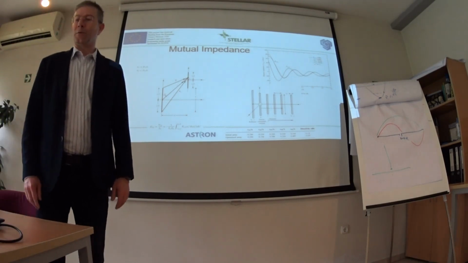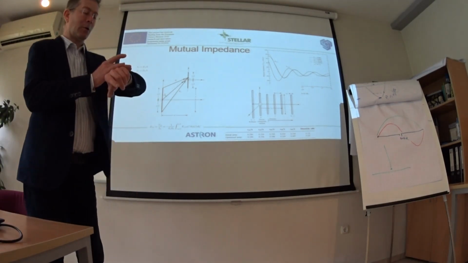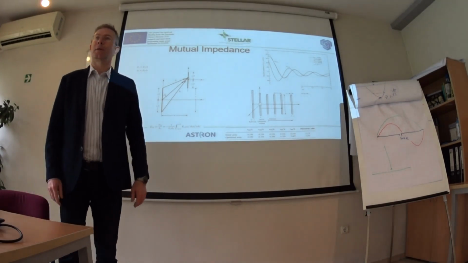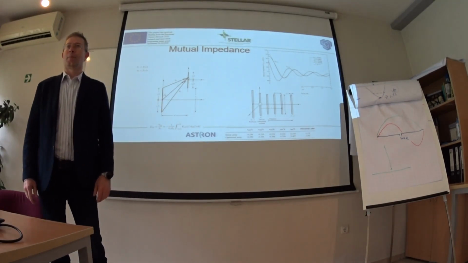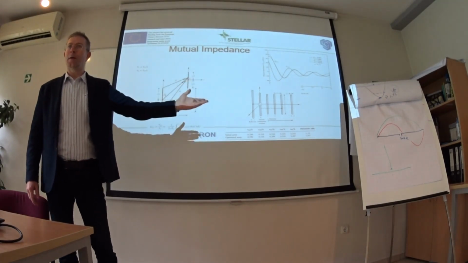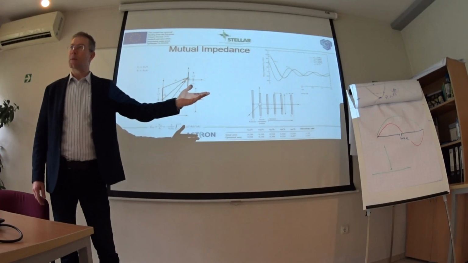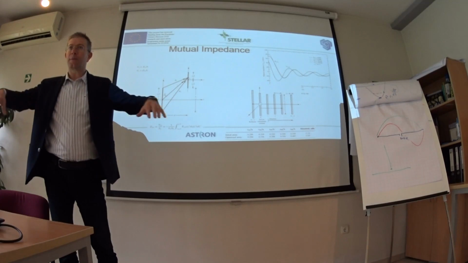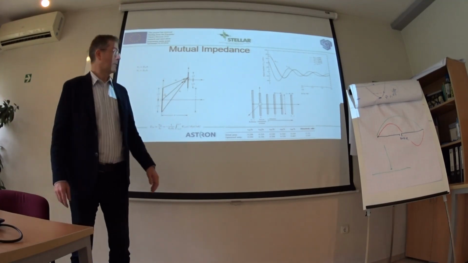And the last thing for today, for this morning, is the mutual impedance of the antennas. Here the example is with one active element and several passive elements. But this is valid for antenna arrays when we have a set of many active elements.